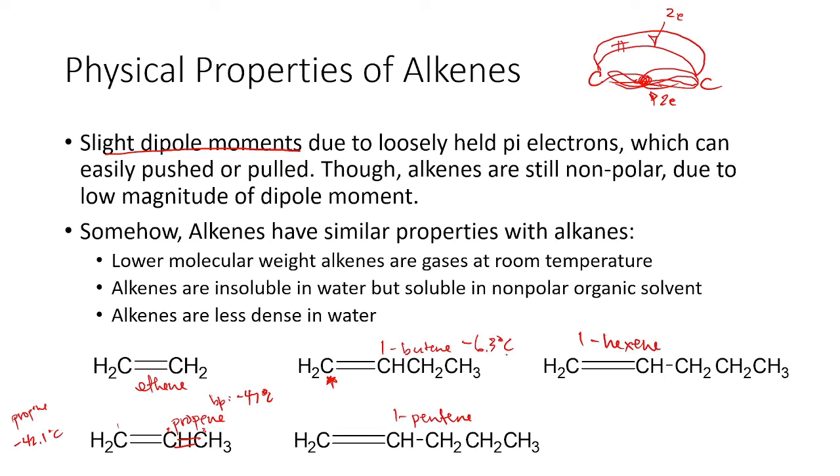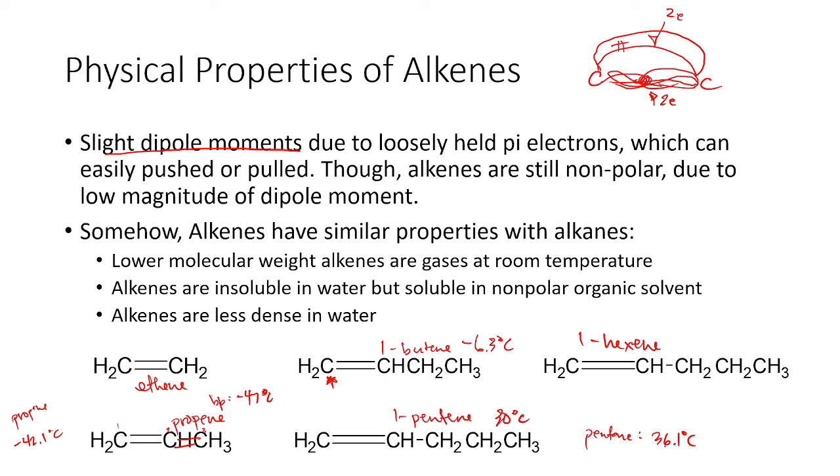And for pentane, it has a boiling point of 36.1 degrees Celsius, while 1-pentene has a boiling point of 30 degrees, still in gas form at room temperature. So again, medyo malabo man yung trend.